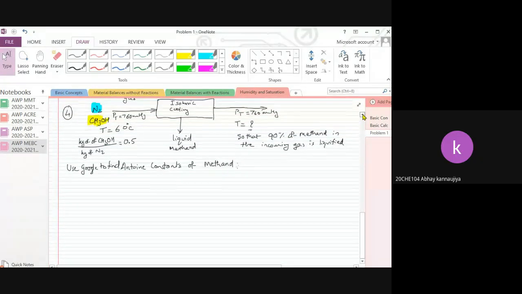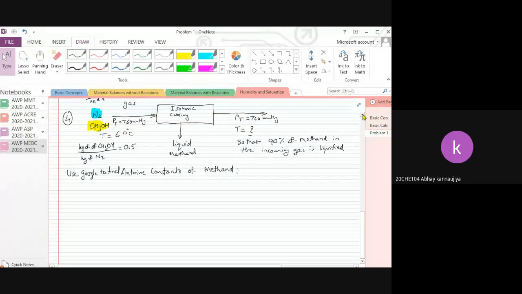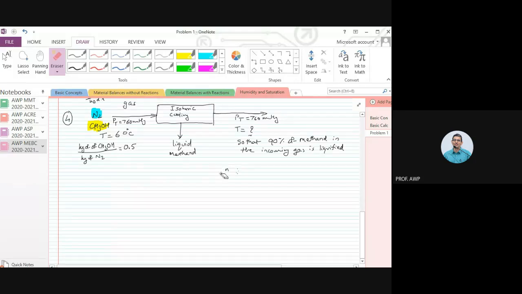Yes, sir. Okay, so the first question that Praveen was asking is, what is a good source of vapor pressure of various components? There are a couple of good sources.